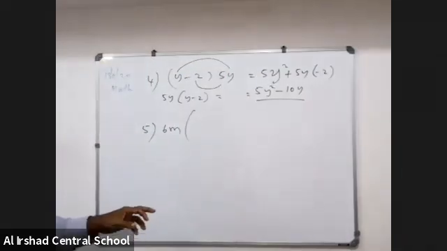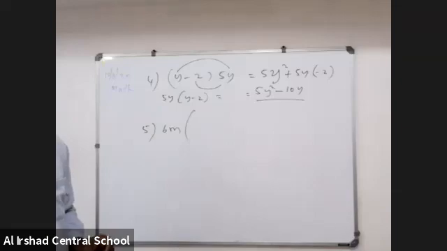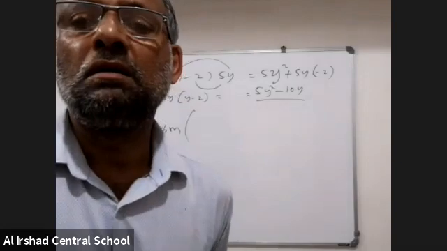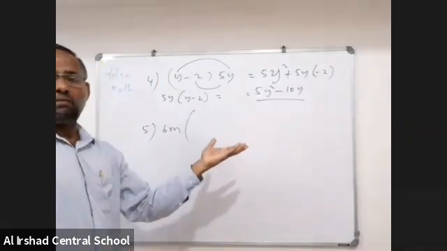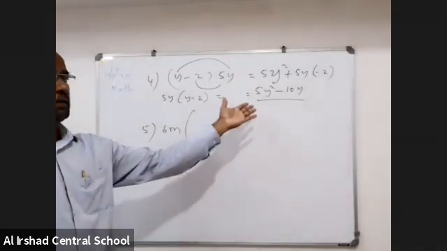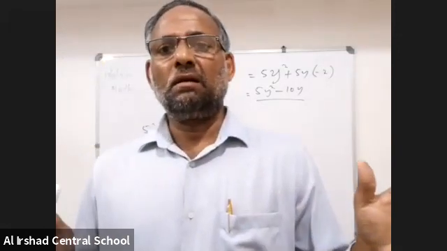For this one? Here answer is not minus 51. 5y square minus 10y we cannot add or subtract. That is why I told you we can add or subtract like terms only.